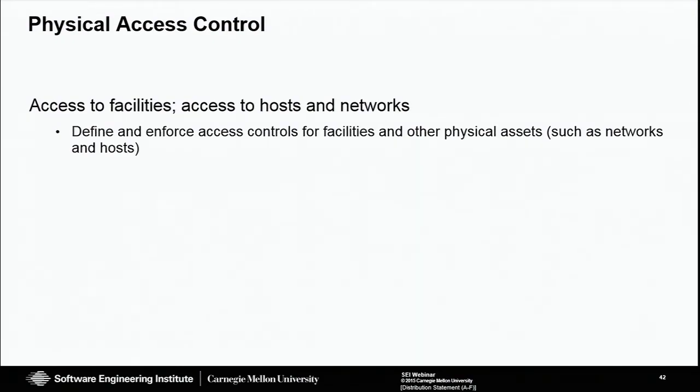But there's a very critical interface between those two roles here in terms of electronic access to facilities, badge readers, biometrics, other ways of controlling access to facilities and hosts and networks, and making sure those access controls are enforced. If this is a relatively small operation for a CISO, this could be combined with the identity and access management function if you wanted to get those down to a smaller subset.